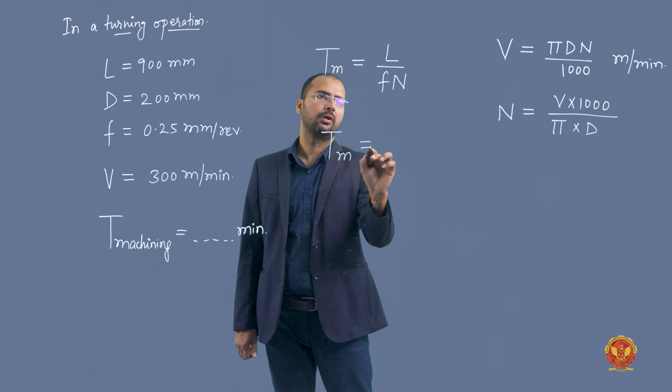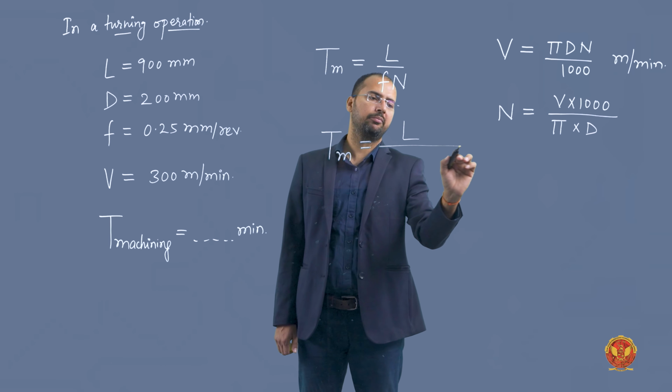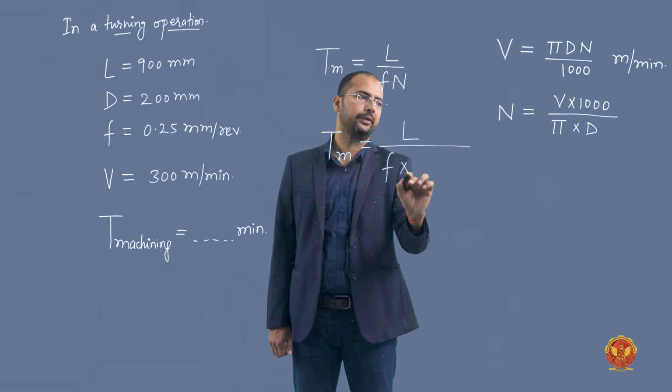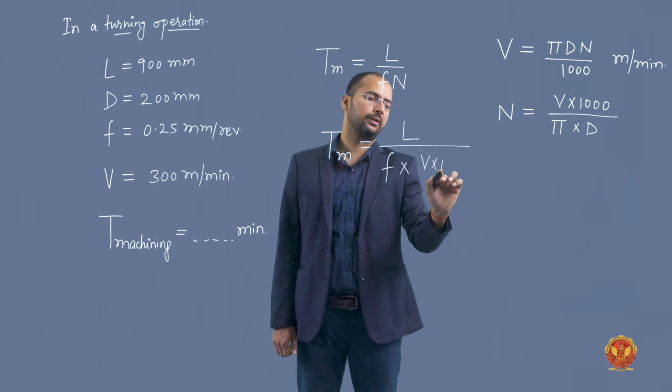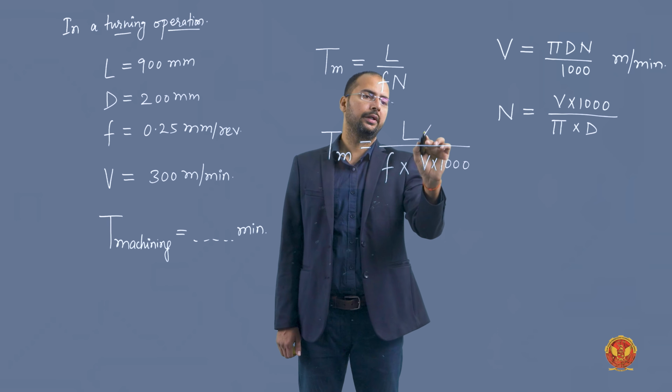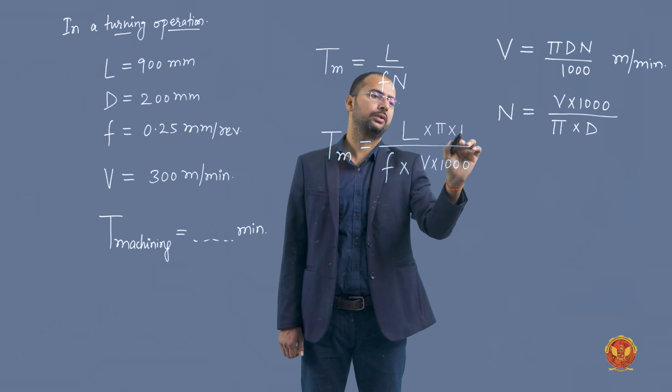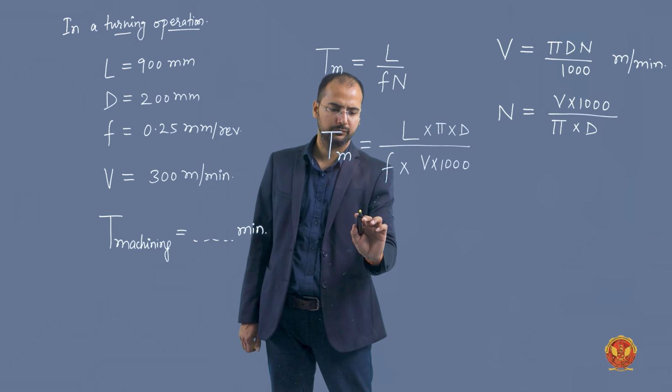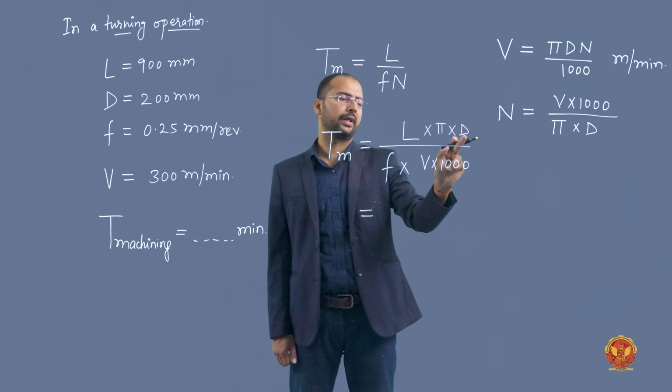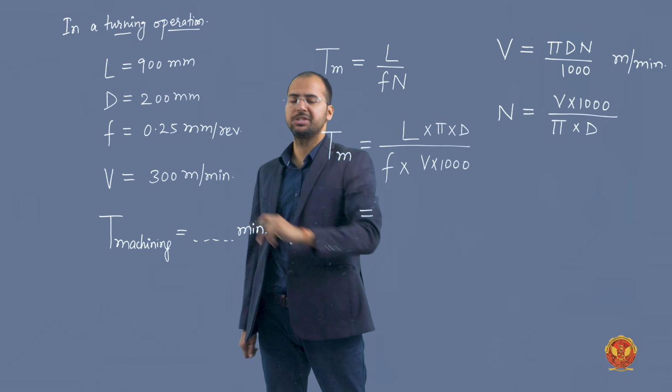Tm is equal to L divided by F into V into 1000 into pi into D. We have to take this D in millimeter.